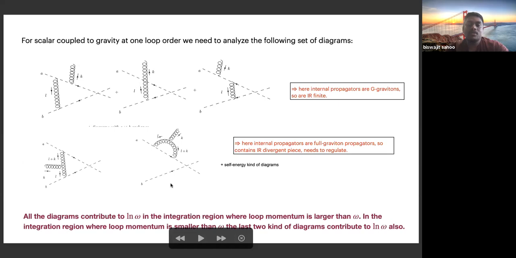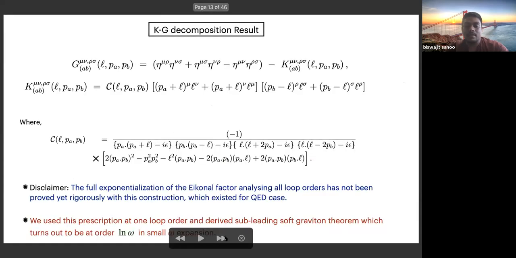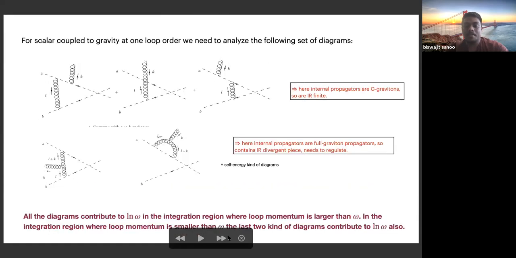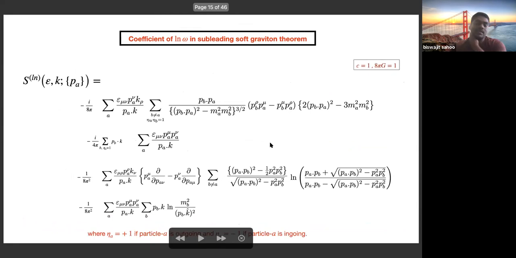And this kind of diagram contributes in that region also, but when the loop momentum is smaller than omega and greater than the IR cutoff, there it also contributes to log omega, and that basically gives this phase contribution which I was telling. So let me show the results, and I can explain where it comes from.